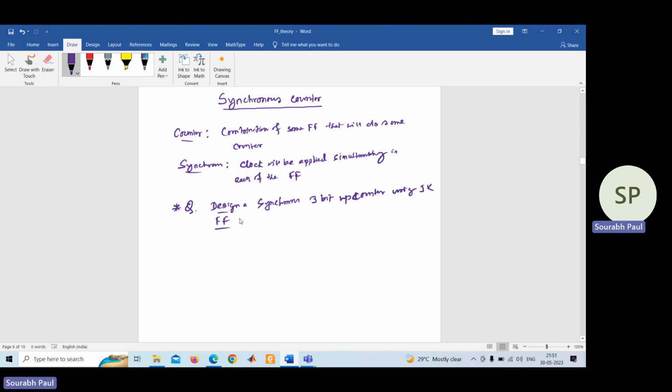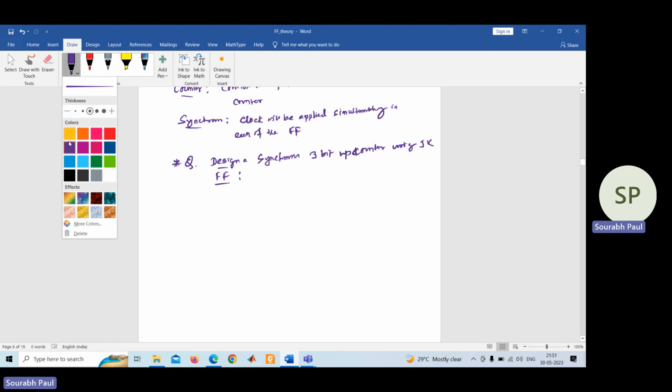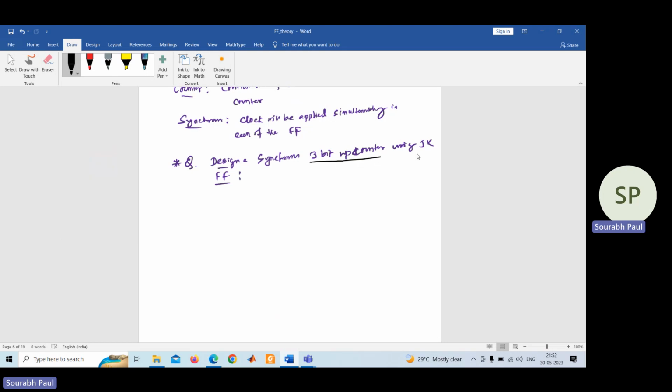This question is suppose given to you. Now how to find the solution? You need to follow some steps in order to design this synchronous 3-bit up counter.